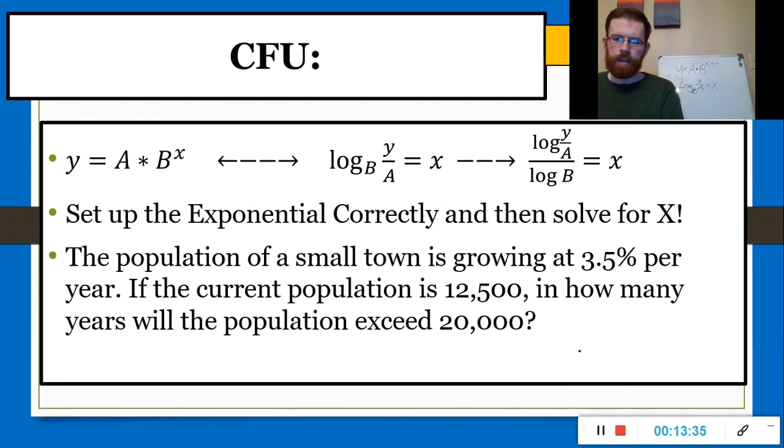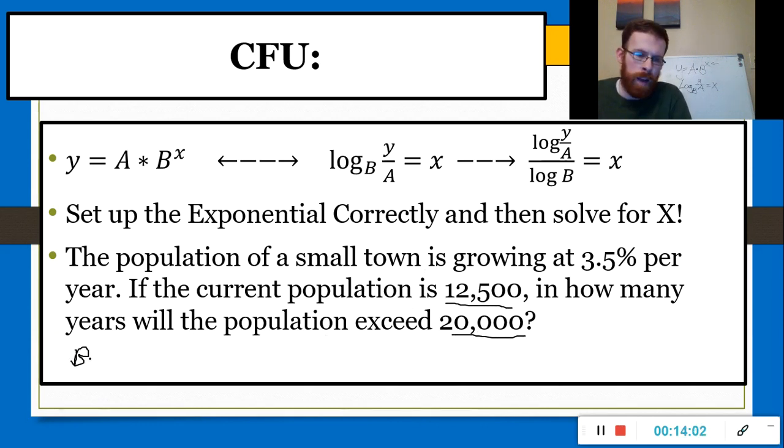But, ladies and gentlemen, for your check for understanding, take your time, pause this video, work it out. The population of a small town is growing at 3.5% per year. If the current population is 12,500, how many years will it take the population to get past 20,000?